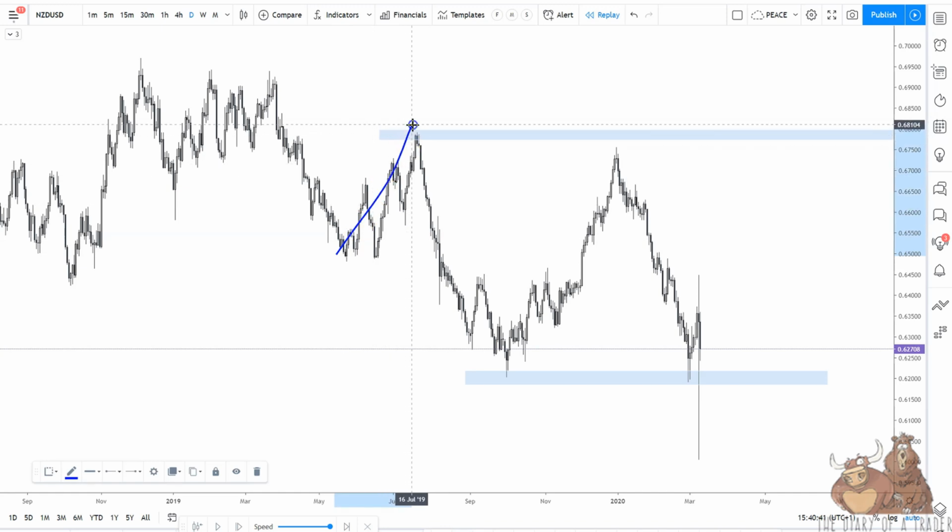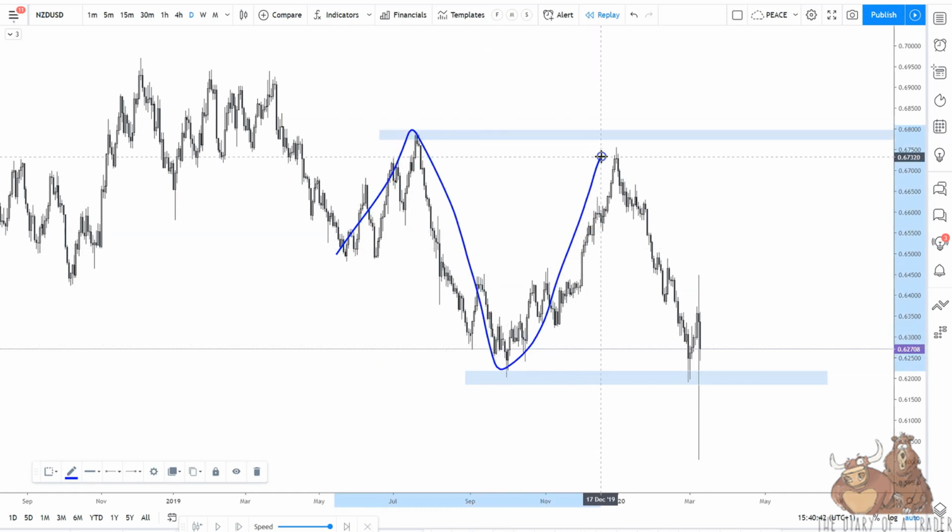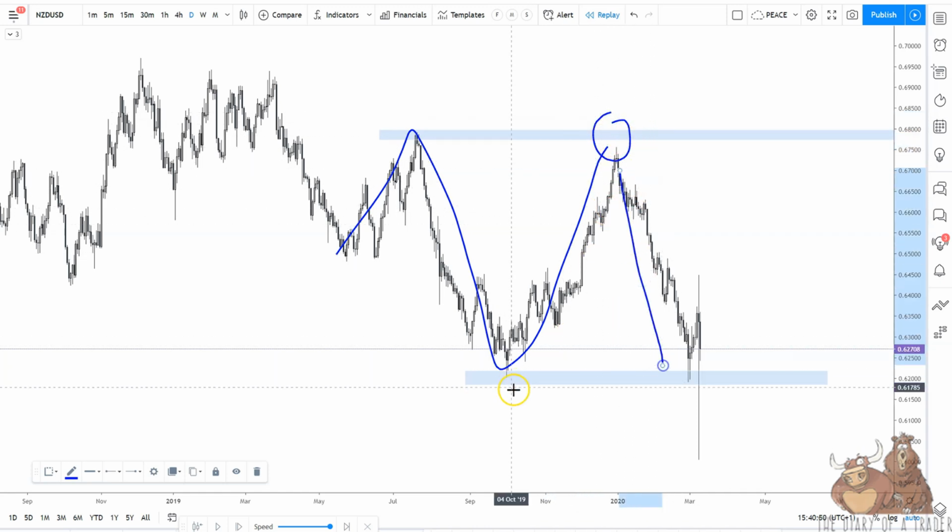So if price has created a level and now it's coming back to the same level, many traders would be looking at that area. And the same thing over here, many traders will be looking to buy because this is an area of interest to them. So whether it's supply, demand, buying or selling, support and resistance, this is where many traders look to place trades.